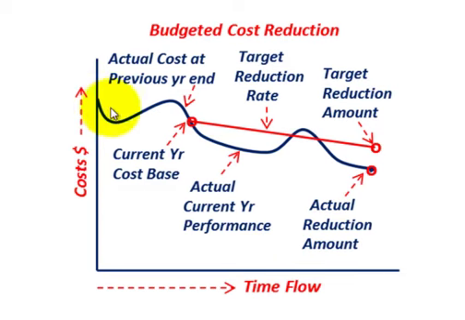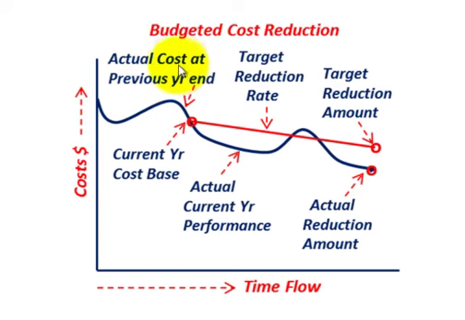You're going to have some function for your product costs. With your budgeted cost reduction, you're going to start with some actual cost in the previous year. The function is moving up and down, but the idea is your product costs are moving down over time. But you've got some change in your function relationship.